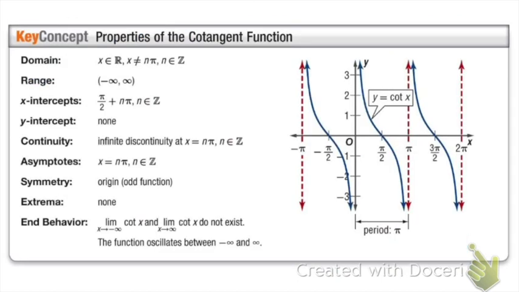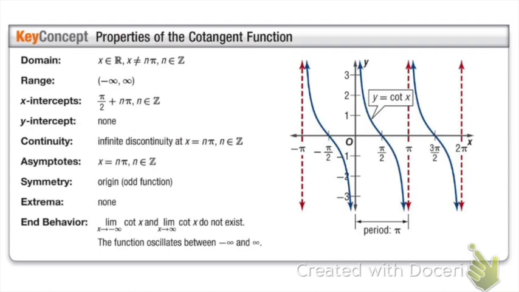Cotangent function is similar to the tangent function, except for now, for cotangent, it's x over y. So we are actually flipped upside down, and we're actually shifted off of the origin a little bit. So the domain again is all reals, as long as x is not a multiple of pi, where all of our vertical asymptotes are at multiples of pi.